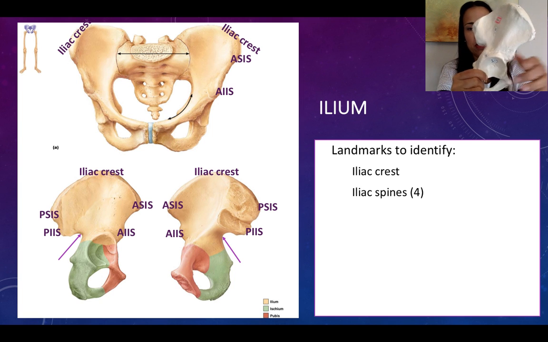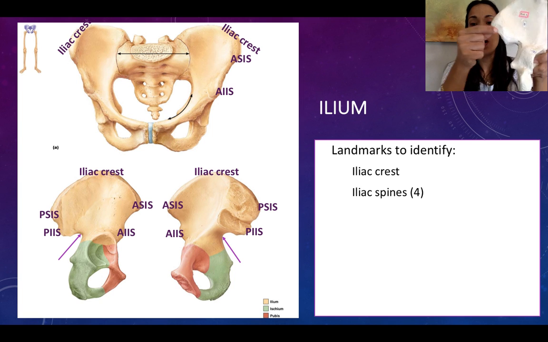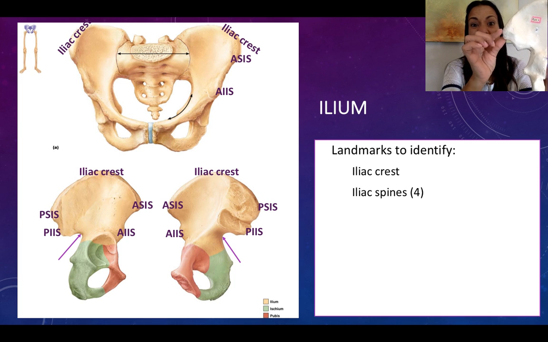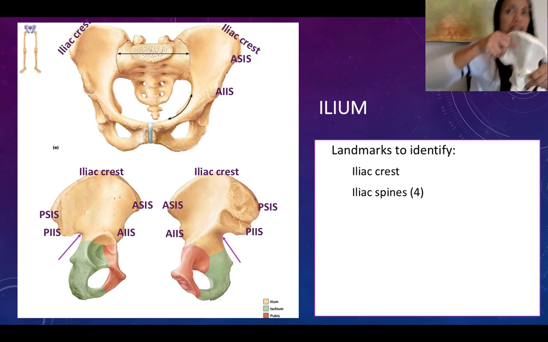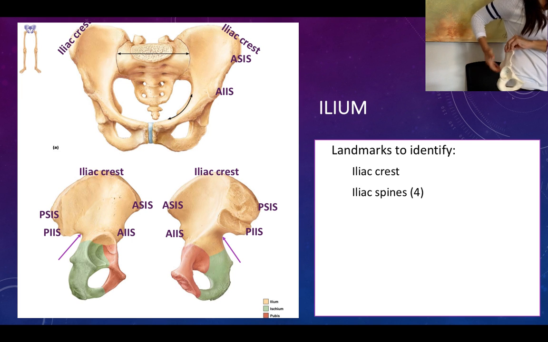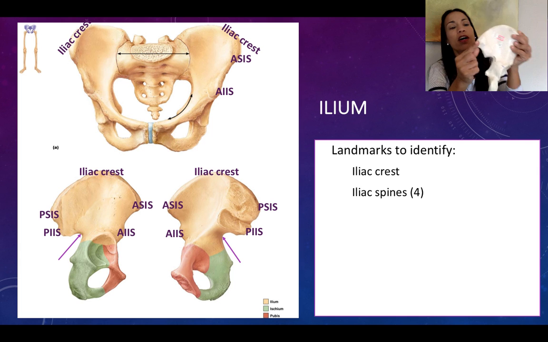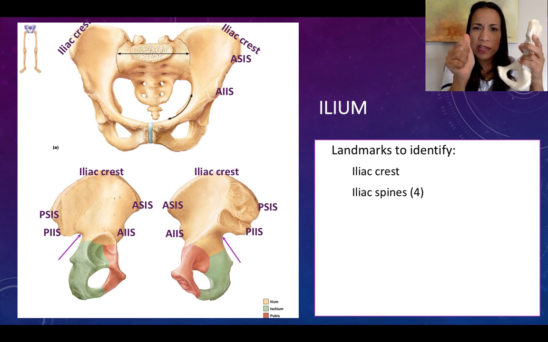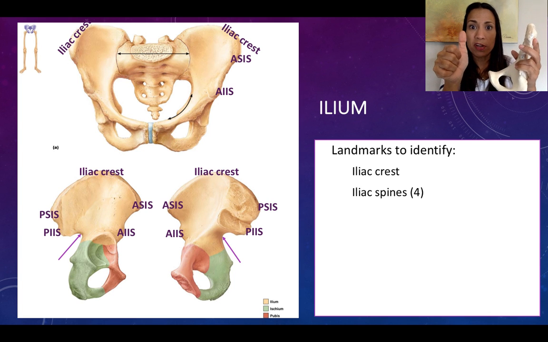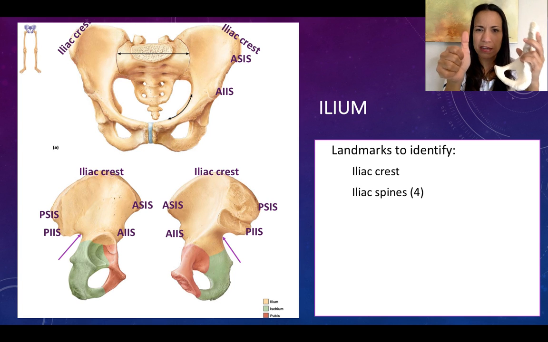This, the posterior and superior iliac spine, is facing up. This part of the bone is located right where you can see the two dimples on either side of the vertebral column on your skin.